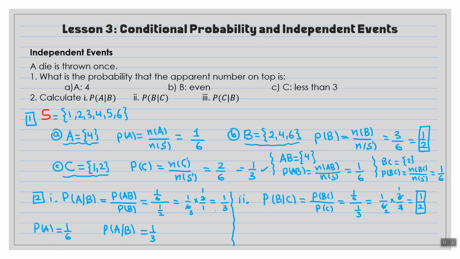So this means that the probability of B with condition to C is equal to the probability of B. It's not going to change. If we're talking about the probability of B alone, it's half. If we say it's the probability of B with condition to C, it's still half.